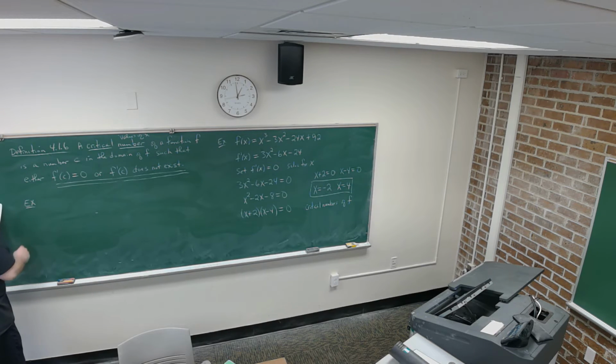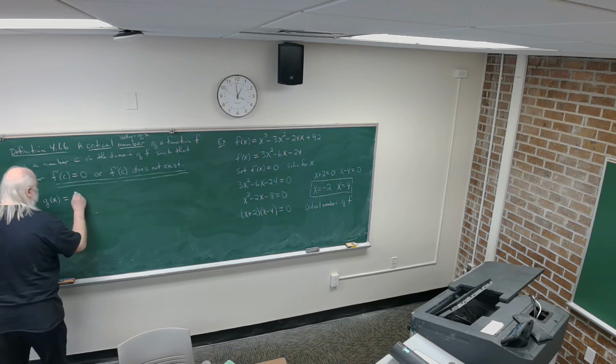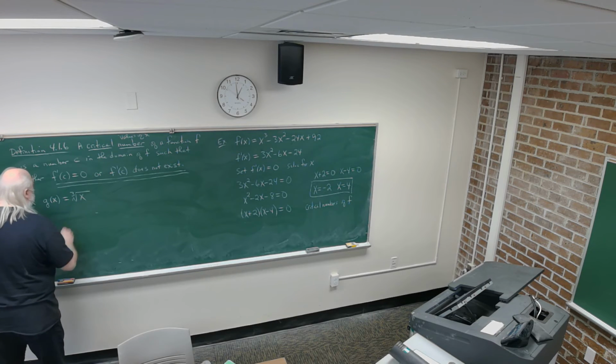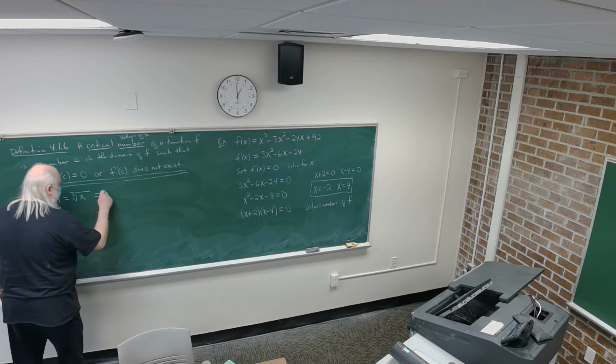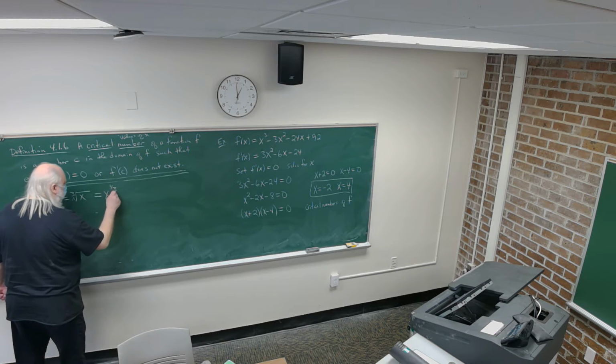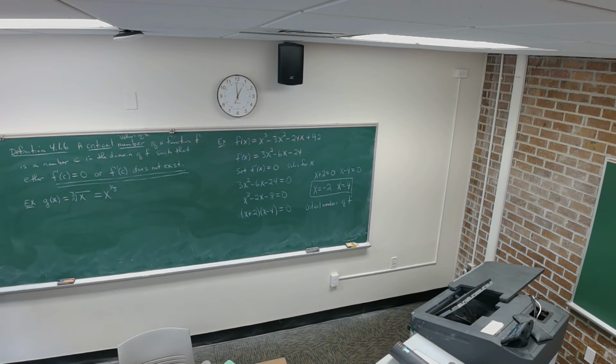All right, in the next example, we have g of x is equal to the cube root of x. And cube root of x can be written as x to the 1/3 power. And now to find the critical numbers, we differentiate.